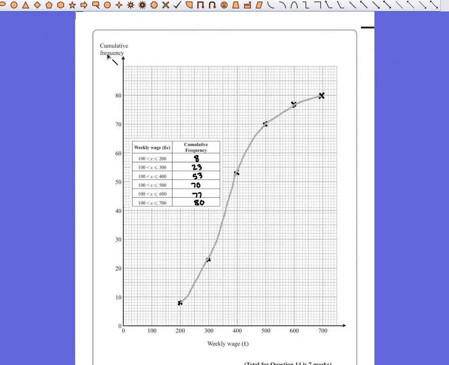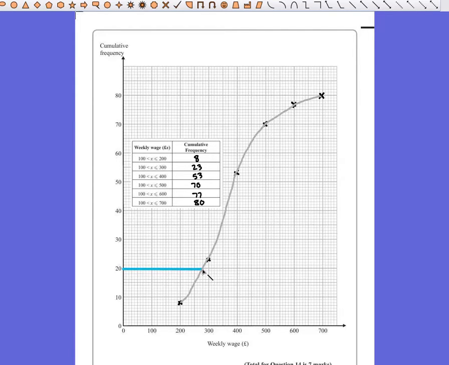Now to find out where these quartiles would lie, we have to look at our cumulative frequency. We have 80 people in total, so our median, our halfway point, would be at 40 people, which means our first quarter, our lower quartile, is here at 20 people.